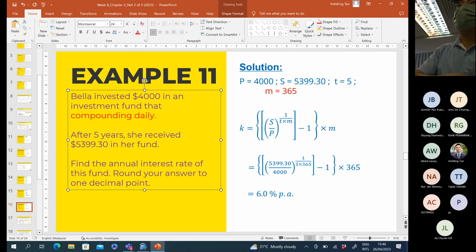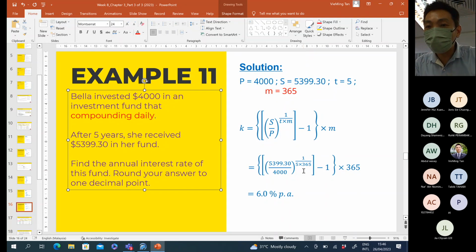You are asked to get the K value. So we just copy this formula from the formula list, and then substitute the numbers into each variable. The S and P go in here first, followed by the power value. T is 5 years, M is 365.